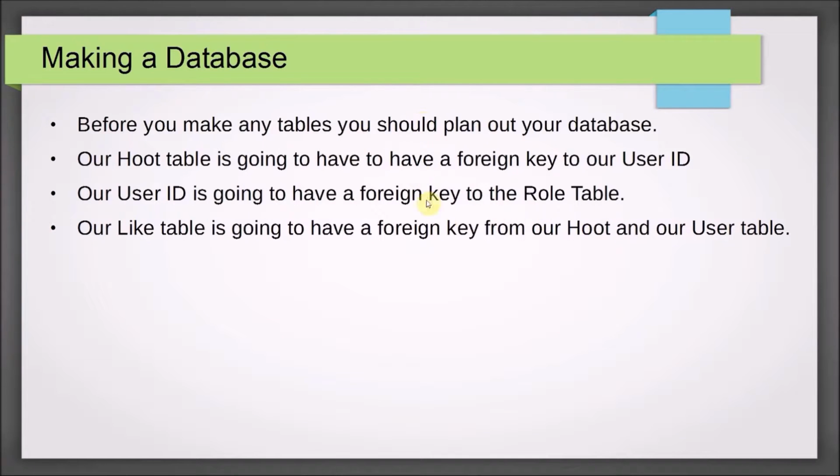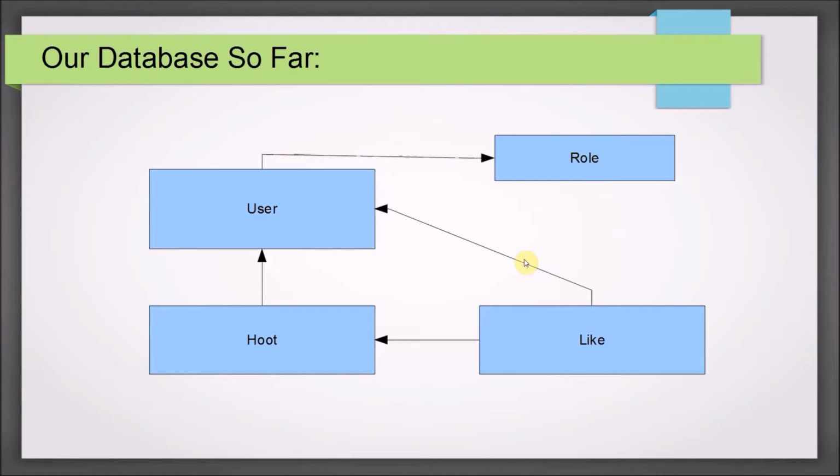So if you keep your foreign keys in place, then you can't delete anything until you go, in this case, you have to start with the like table, then the Hoots, and then the user if you wanted to delete a user. So usually you plan this out and you can graph this out in a relationship diagram. There's a couple different ways of doing it. This is a simplistic version.